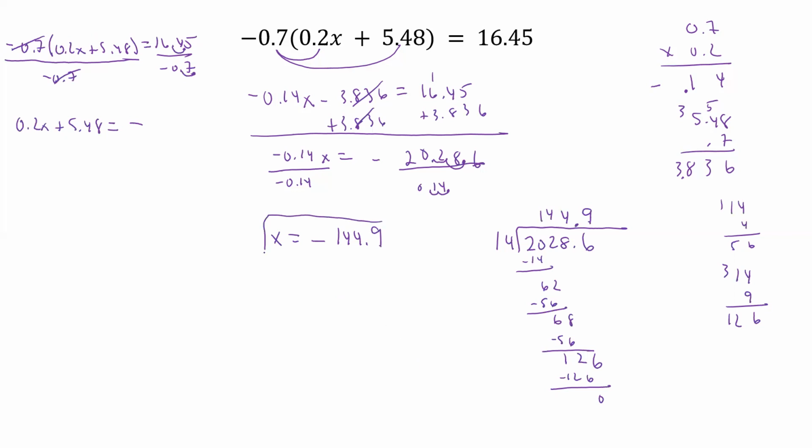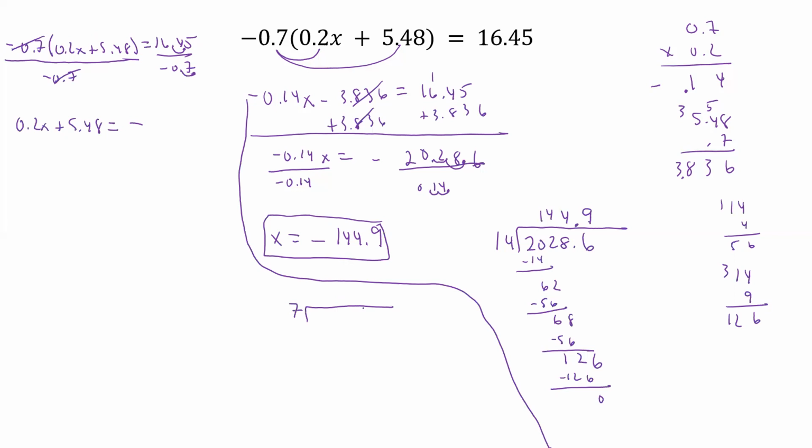So I can take 7 into 164.5. So 7 goes into 16 twice. That's 14. Subtract that. That's 24. That'll go in 3 times. That'll be 21. Subtract that. That's 3. Bring down a 5. That'll be a 5. So that's equal to a negative 23.5.